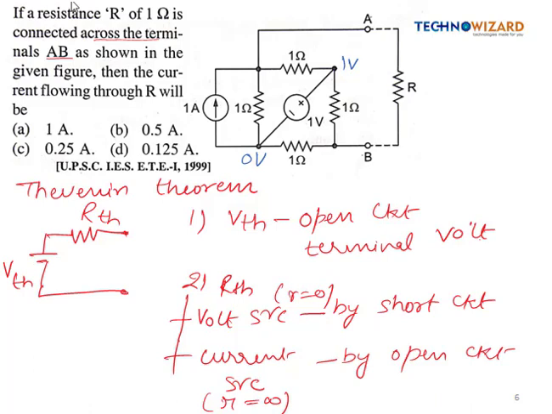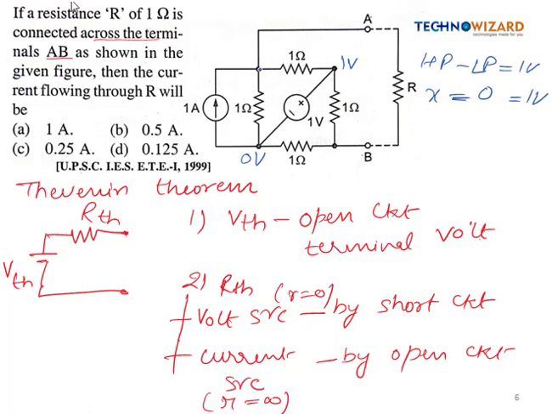So this is our voltage source, right? I've already told you high potential minus low potential is equal to the value of voltage source. So I've assumed the voltage at low potential is 0, so the high potential value is coming as 1 volt. So this is 1 volt, this is 0 volt, right?